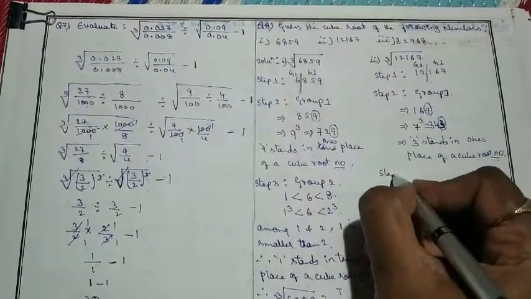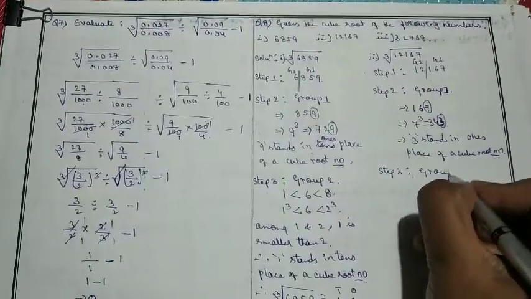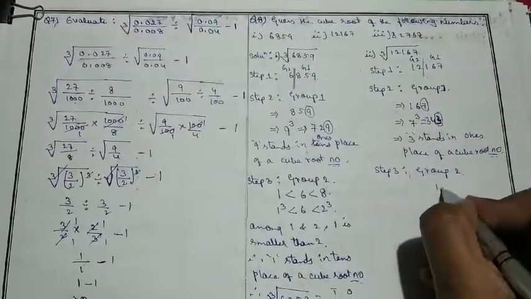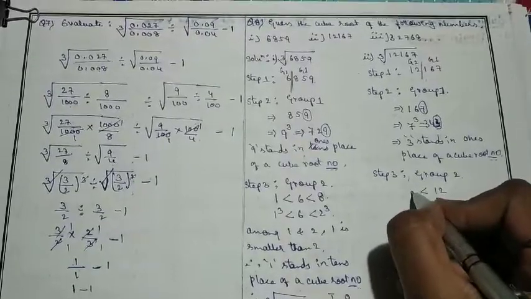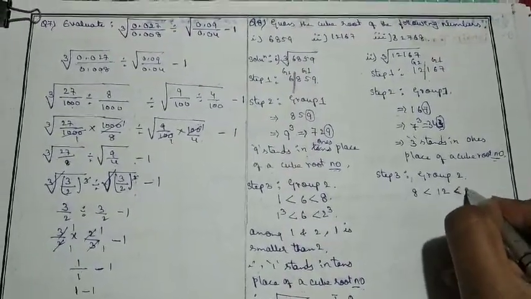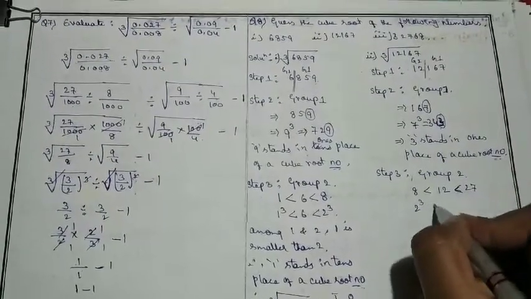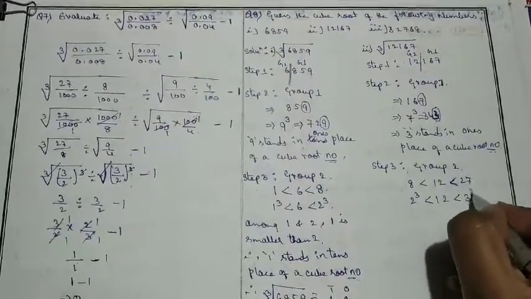Next, step 3. Consider the group 2 number. What do we have in group 2? In group 2 we have 12, and it lies between the cube numbers 8 and 27. So 8 is nothing but 2 cube, less than 12, and 12 is less than 3 cube.